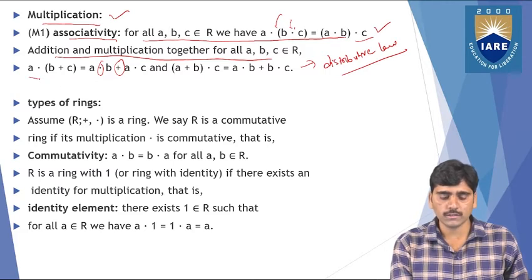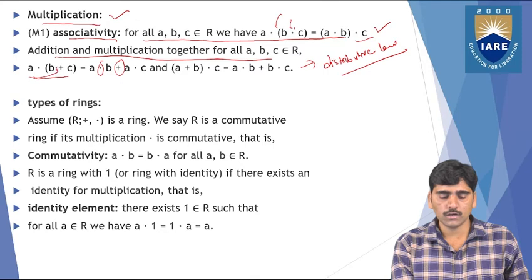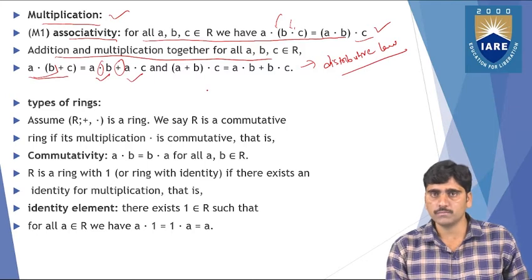You can write it as A dot of B plus C equals A dot B plus A dot C. That is distributive over the plus operation as well as the dot operation.